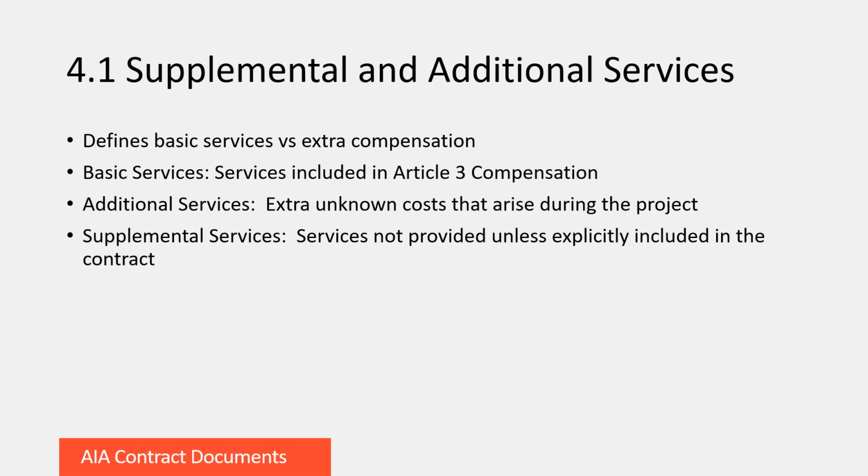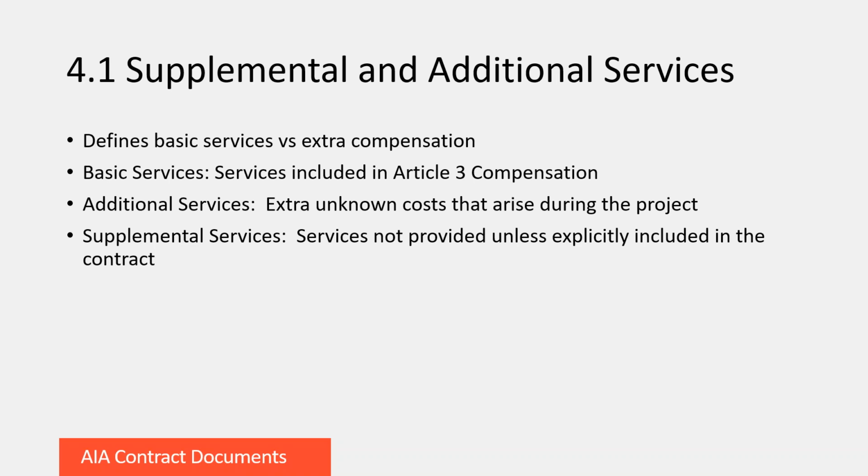The other category is additional services, and these are things that are not known at the time the agreement is signed, but the parties know that there will be things that will change, circumstances that will arise over the course of the project that will require modifications to the architect's basic services. So the additional services are referring to those things that would change as they arise during the project.